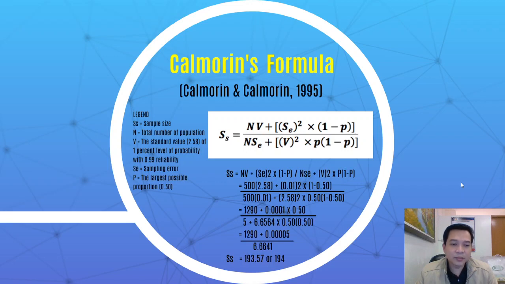And then p stands for the largest possible proportion, or let's say most likely they choose 0.5 or half of the proportion, or 50%.